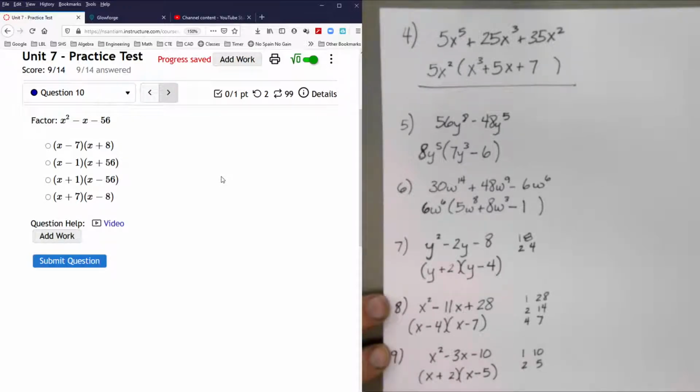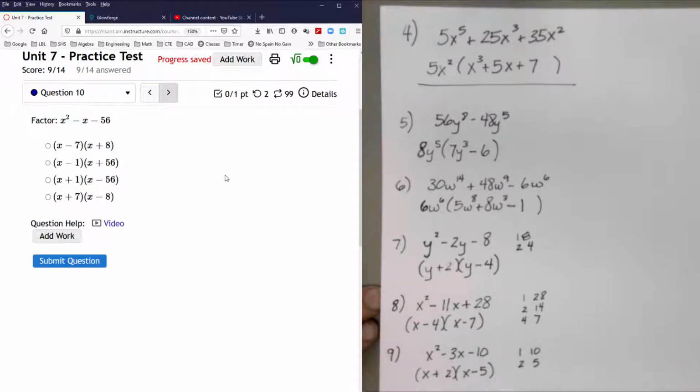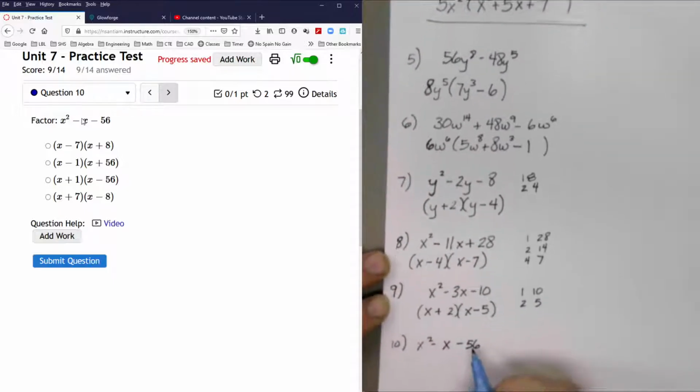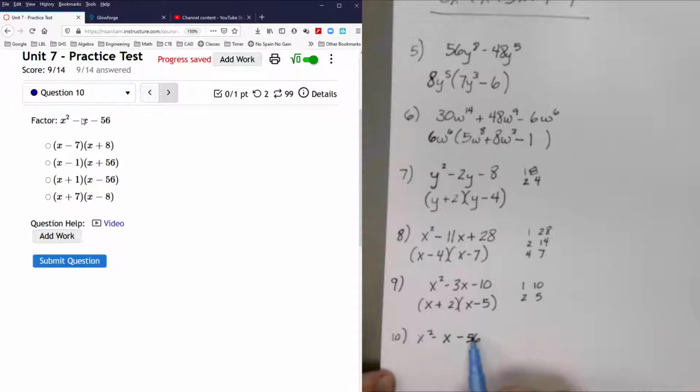Number 10, multiple choice there. We're looking for the factors of 56, and we're trying to make a 1. So we've got x squared minus x, that's minus 1x, minus 56. So I'm looking for the factors of 56. And again, I'm looking for a positive number and a negative number.